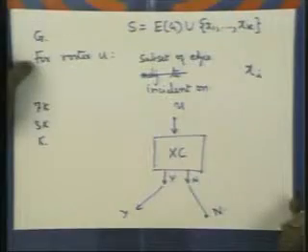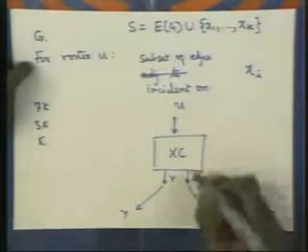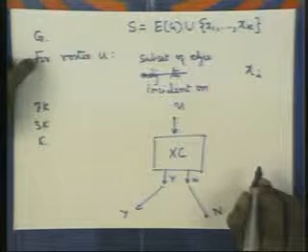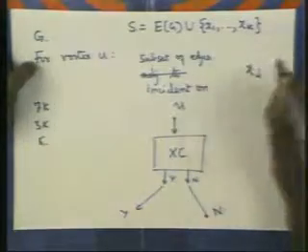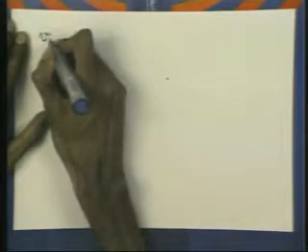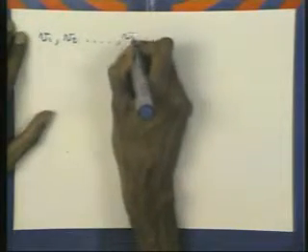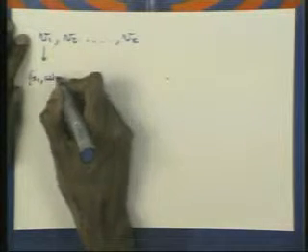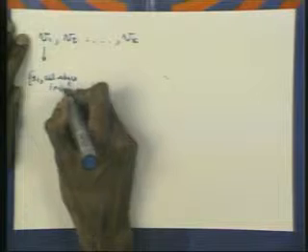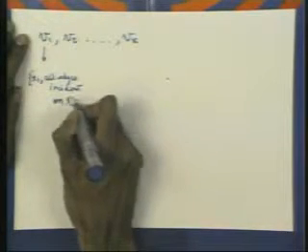Now to see that this works, clearly if this has a vertex cover of size k, I have an exact cover of this. Why is that true? Let the vertex cover consist of vertices v1, v2, and so on up to vk. For v1, I put the set x1 comma all edges incident on v1.